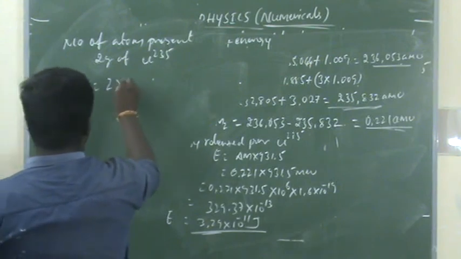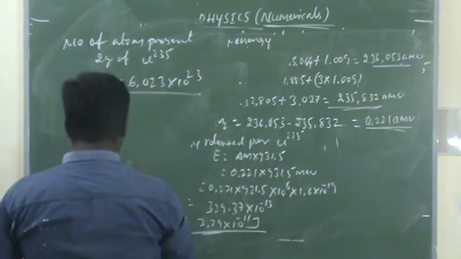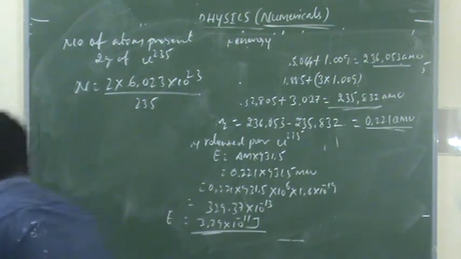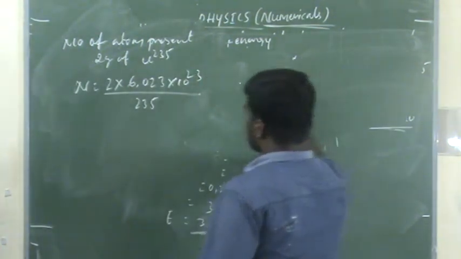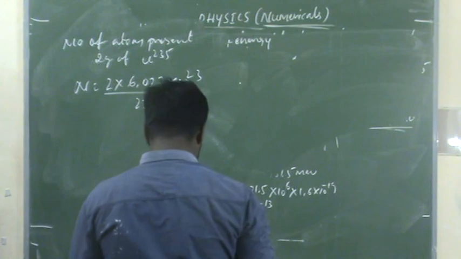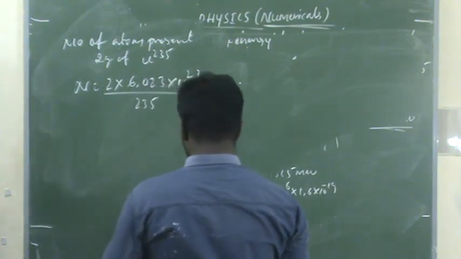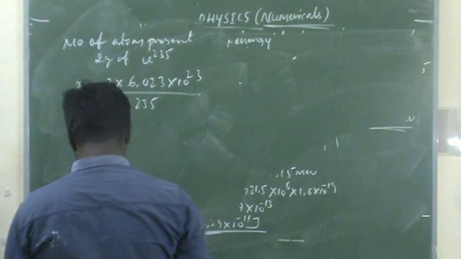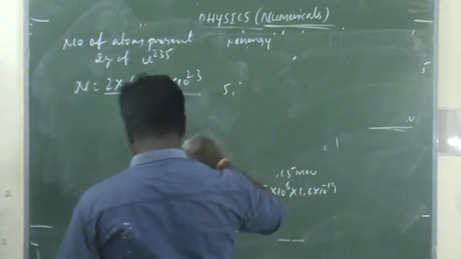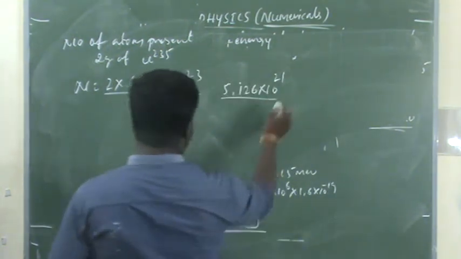N is equal to 2 into 6.023 into 10 to the power of 23 divided by 235, which equals 5.126 into 10 to the power of 21 atoms present in 2 grams.